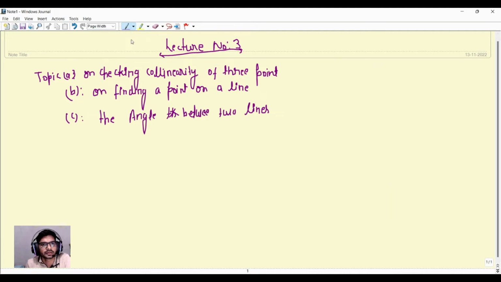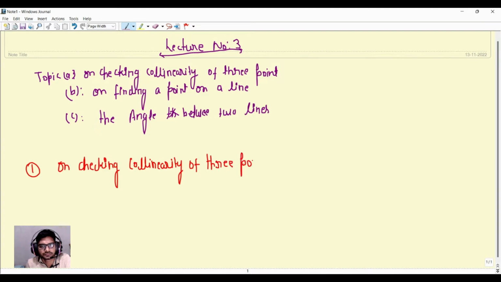Our first topic is checking collinearity of 3 points. So how do we check the collinearity of 3 points?